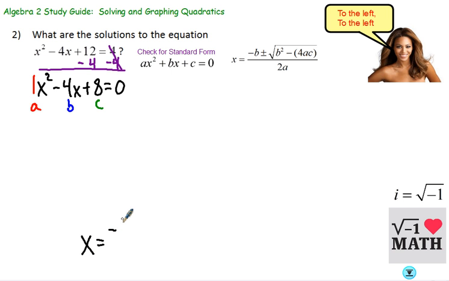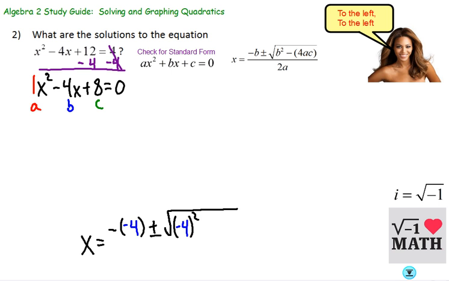And what I'm doing is I'm going to plug in, see, I'm going to write the formula negative B. B is negative 4. And I'm going to color code this for you so that you see which numbers are going where. And then it says plus or minus, so I'll copy that, plus or minus. And then it says the square root, so I'll draw a little square root. And then it says b squared. Well, again, we said that b was negative 4. So let me put in negative 4.